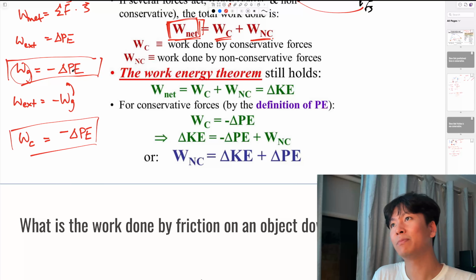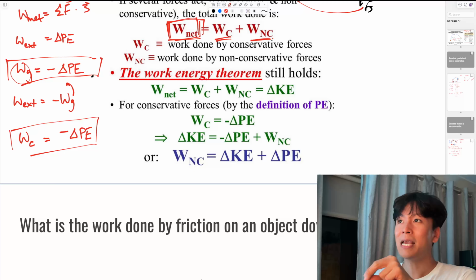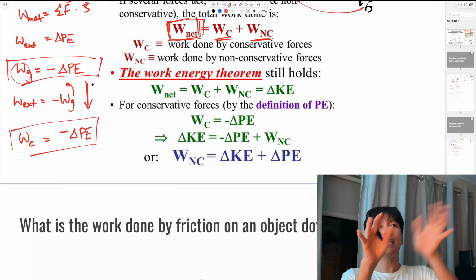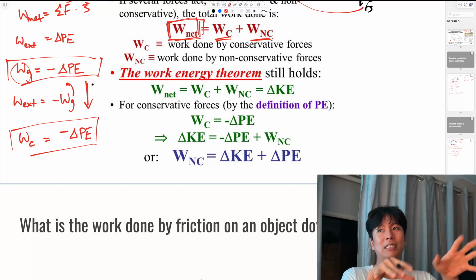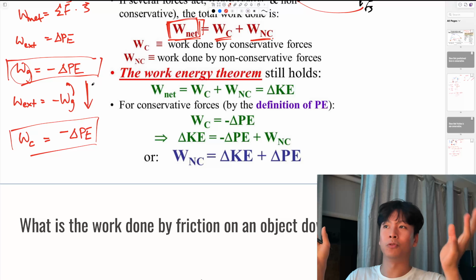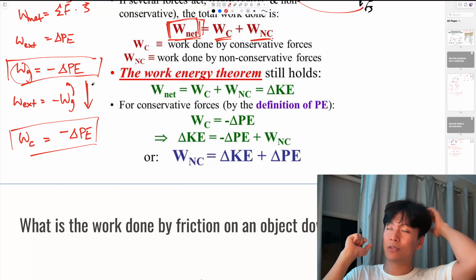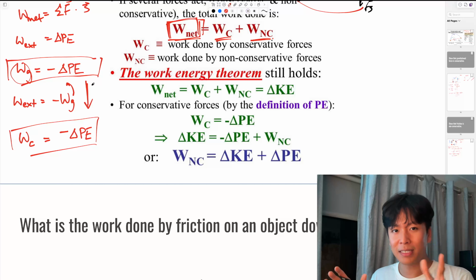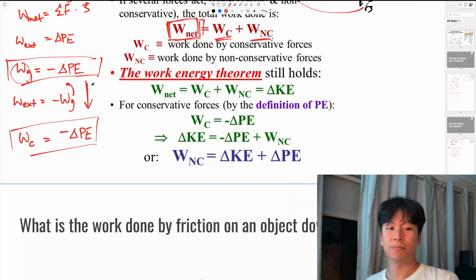Before, it was the work done by gravity is negative change in gravitational potential energy. But really, I can generalize to say that any work done by a conservative force is just going to equal negative change in the potential energy, whatever that potential might be. Could be gravitational, could be elastic, could be electrical. Most of the time for us though, it's going to be gravitational.